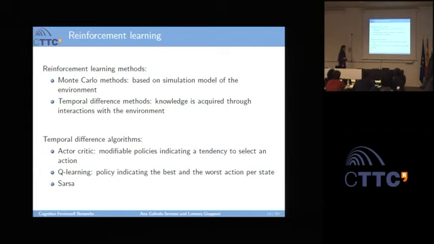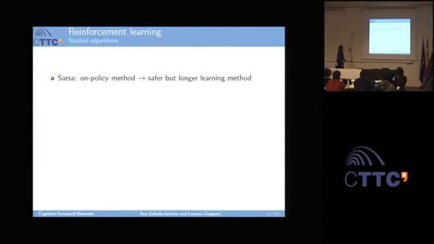On the other hand, we have the Q-learning and SARSA algorithms, which at the end of the learning process will tell us which will be the best and the worst action to take for a given state. So we go for these ones because after a learning period, we want the agent to know which is the best action to take in just one shot. Okay?